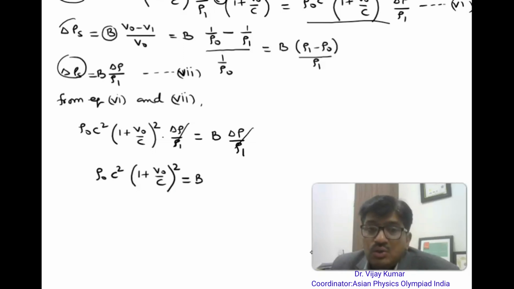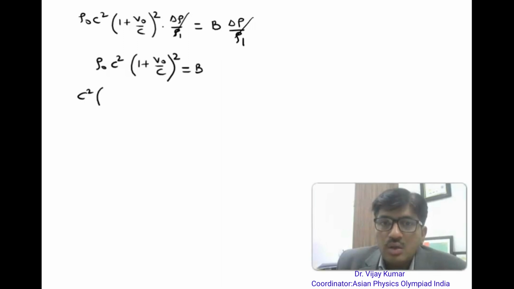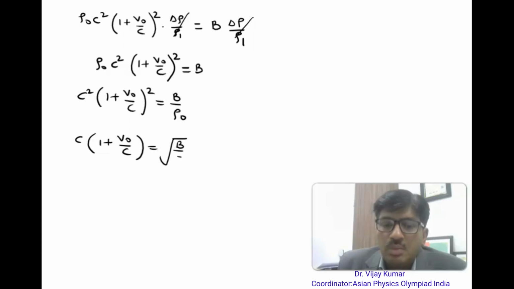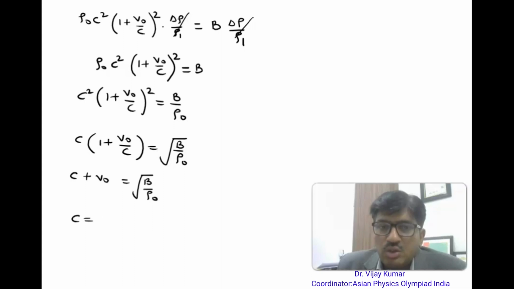And we can also write (1 plus V naught upon C) whole square equal to B upon rho naught, or C (1 plus V naught upon C) equal to under root B upon rho naught, or C plus V naught equal to under root B upon rho naught, and C equal to under root B upon rho naught minus V naught.